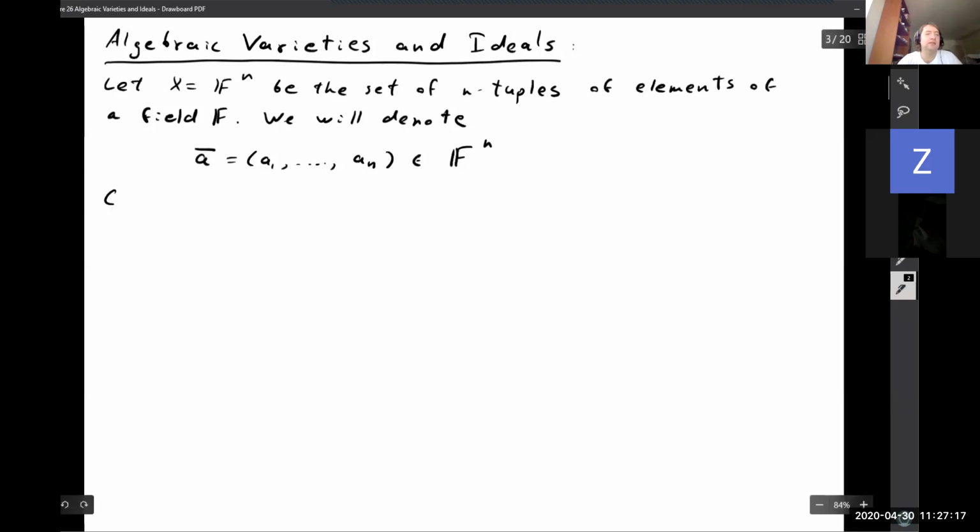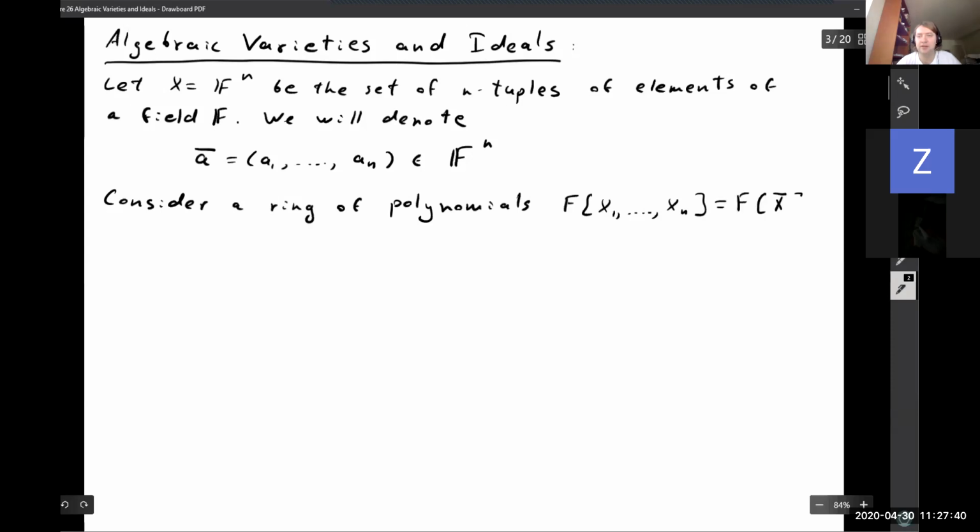Okay, so with this space we can associate a polynomial ring of polynomials f in n variables, x1 to xn, and for short we will simply say that this is f of x overline.